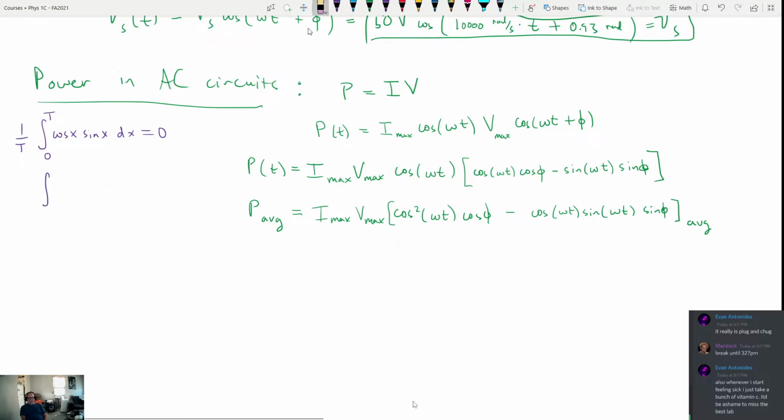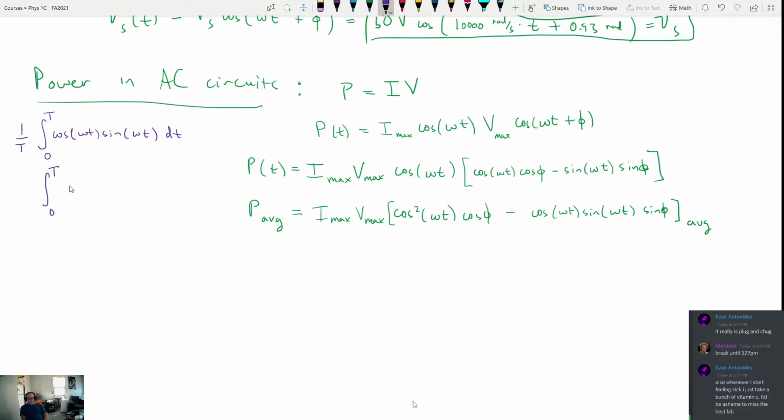In fact, I shouldn't be doing this with x's, that's probably too confusing. So if it's the integral of cosine omega t and sine omega t dt, this will be 0.